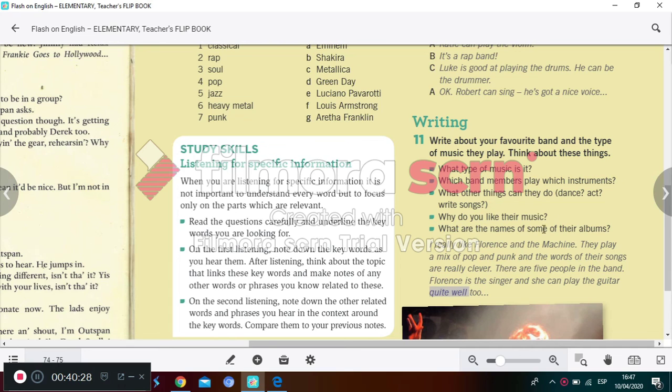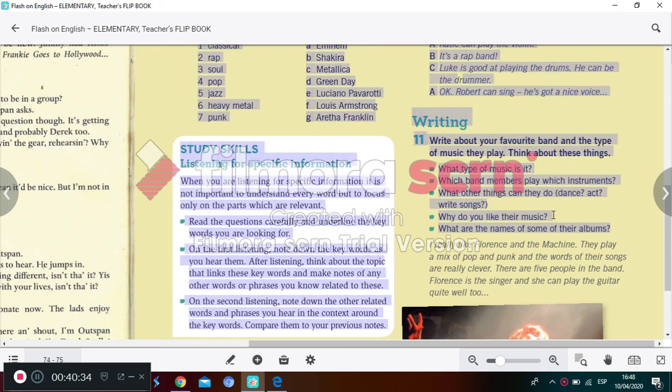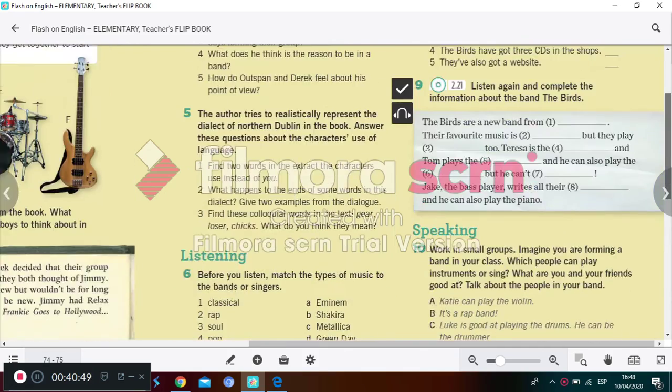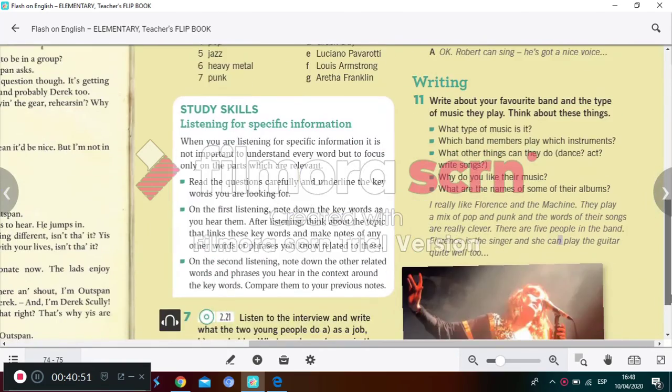You need to write about your favorite band. Here you have some questions to guide your writing, para guiar tu writing. You need to use can, good at, bad at, interested in, and the degrees of abilities: quite well, well, really well, not at all, at all.